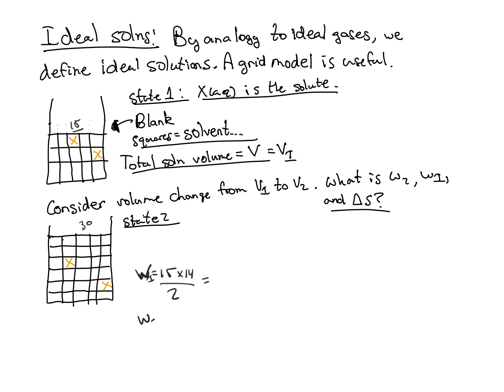Similarly, the total microstates for the final system would be 30 times 29 over 2. When we do this, we get basically a factor of 4 increase in the microstates for our system. That's going to cause a corresponding ln 4 change in the entropy, because each individual particle basically doubled its available microstates, and so that's what happened to the overall number of microstates, and therefore also the entropy.